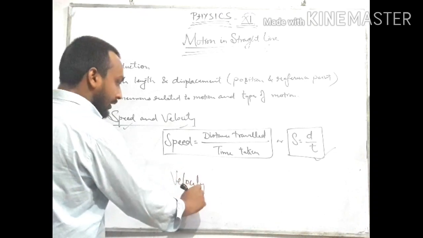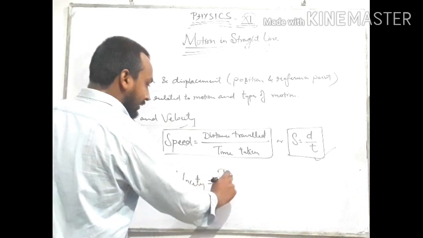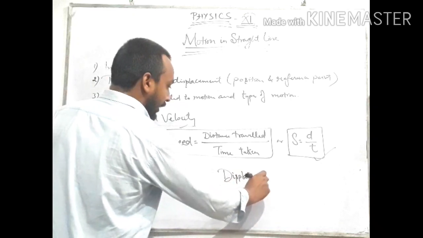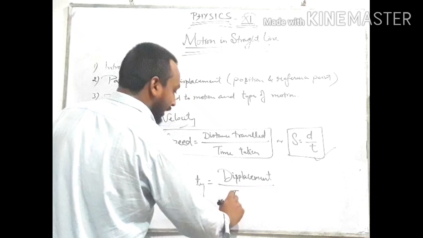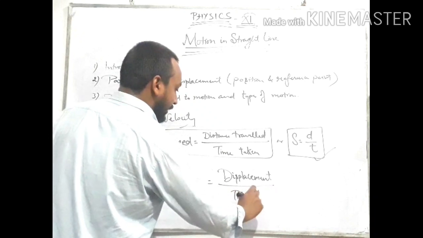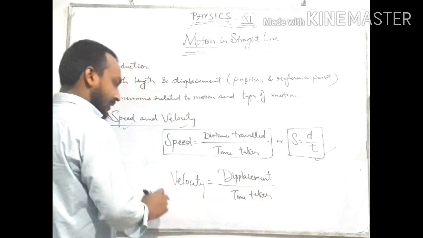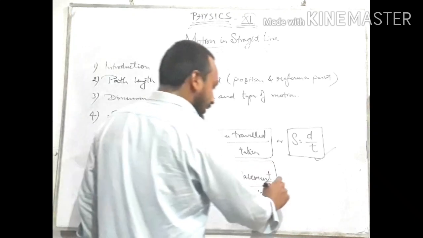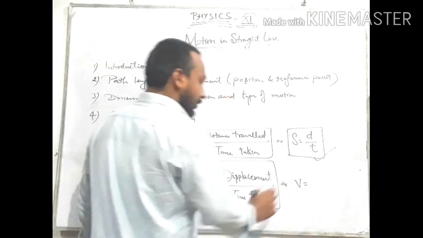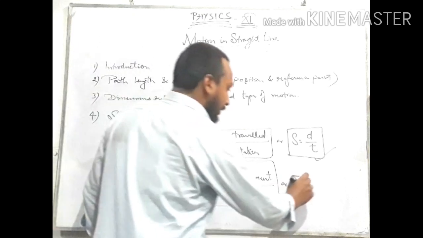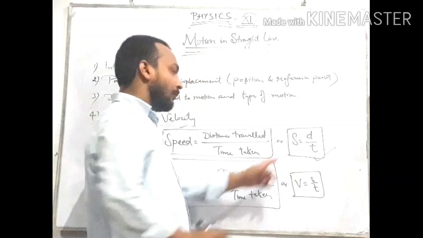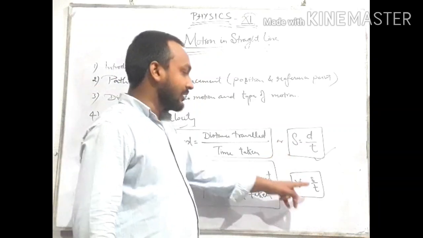About velocity, you must be knowing that the displacement of the body and the time taken in the displacement are considered for velocity, and this is the formula for velocity. Here v is equal to small s upon t. Keep in mind this is capital letter S, and this is small letter s.